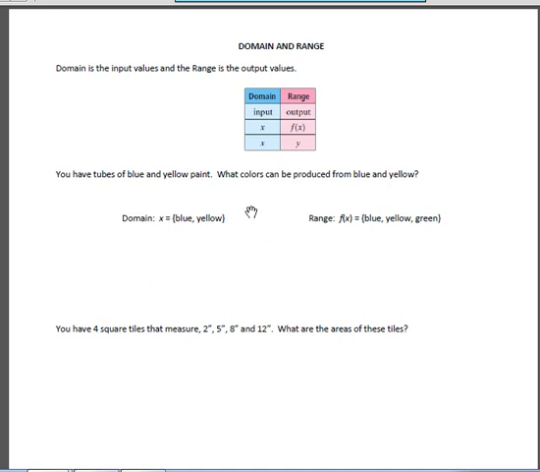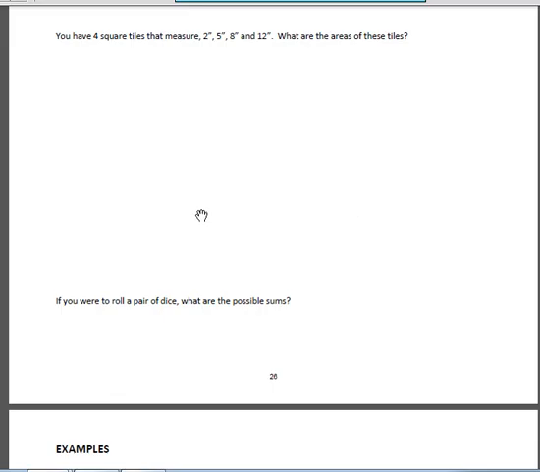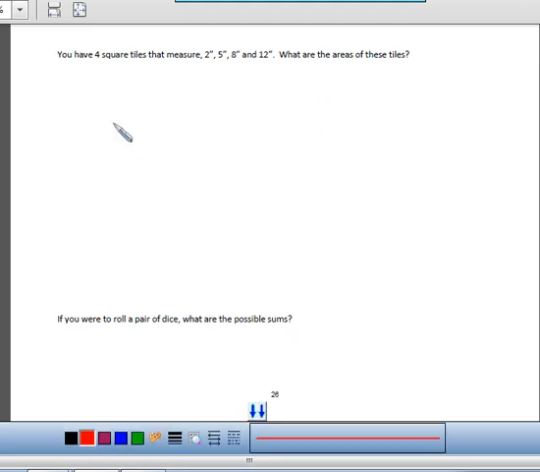And you'll see, here's the example we had just done. But they had used x and f of x. I wanted to do this using input and output. So we're going to use x and f of x for the square tiles. So we're going to call the measurements that we're given our x values.